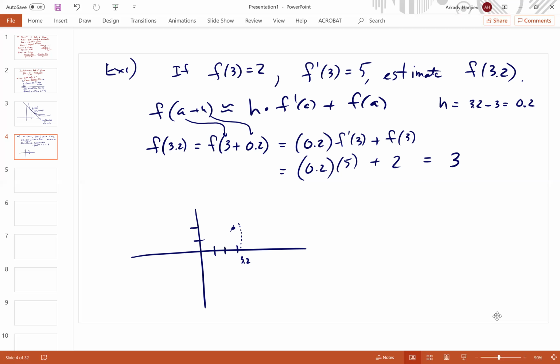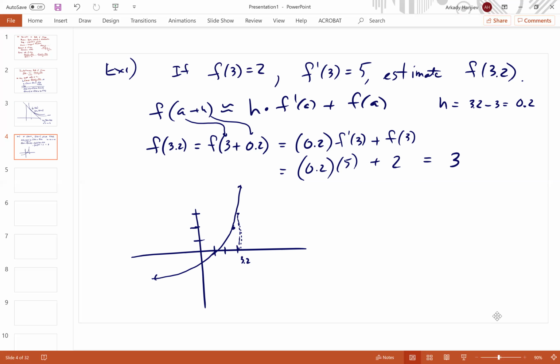So if that's the case, I have 3 here, and actually that went pretty high. It went all the way up here. That's at least my estimation. So I'm not sure what this graph looks like even, if it's curving up even faster or if it's curving up not as fast, but at least my approximation for 3.2, I get myself is 3.